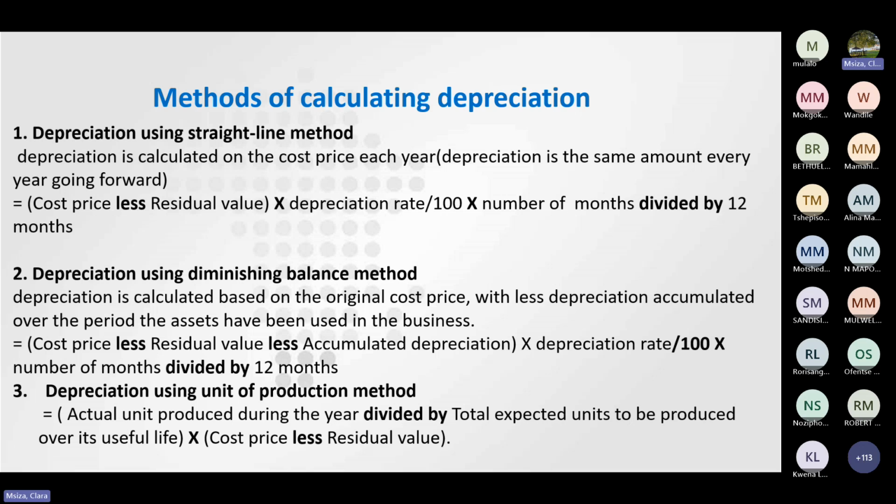You're going to give me two answers, one with straight line and one with diminishing balance, for year one. So indicate when you put your amount if it is for straight line or for diminishing balance method. Then let's do year 2 for both methods.